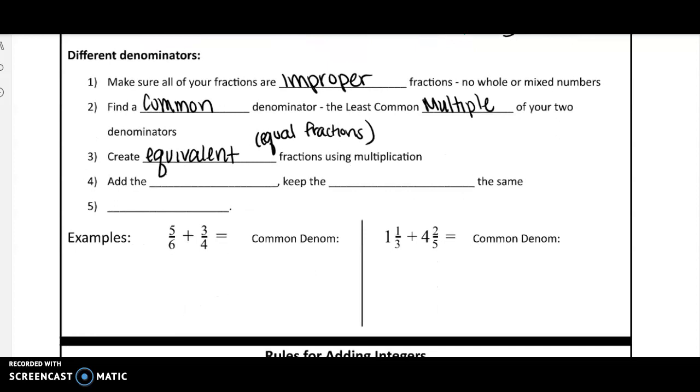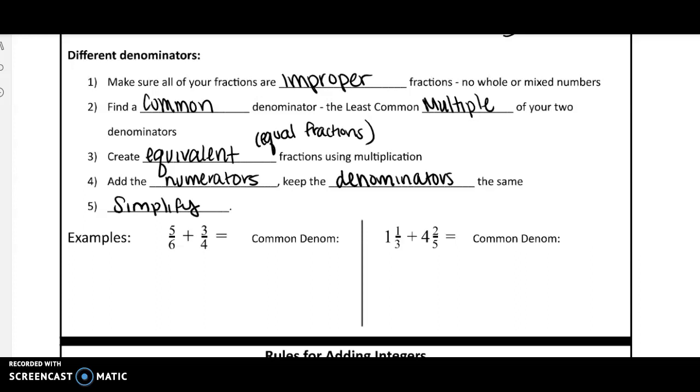So then step 4, we add the numerators. Keep the denominators the same. And then finally we simplify.